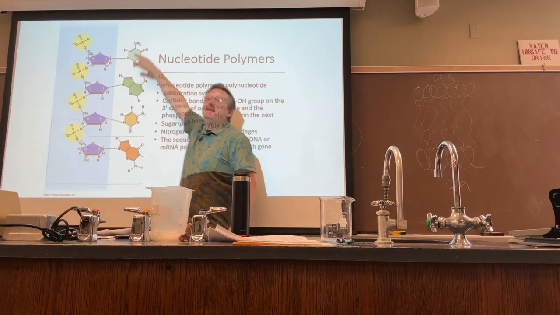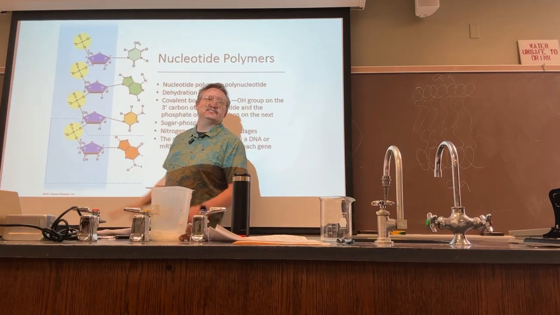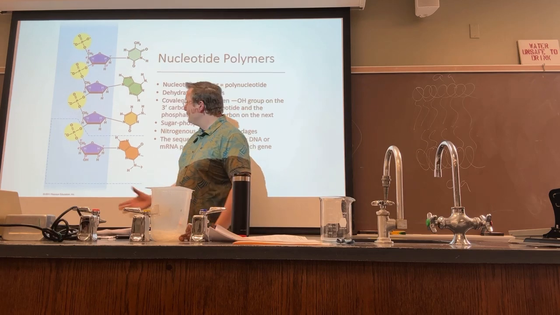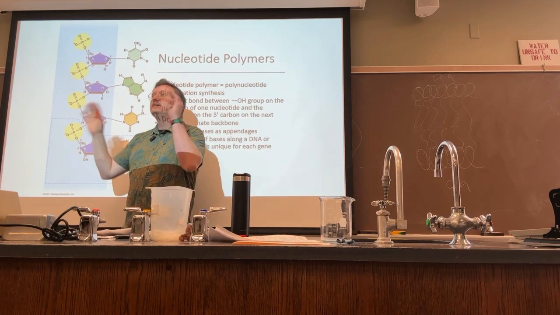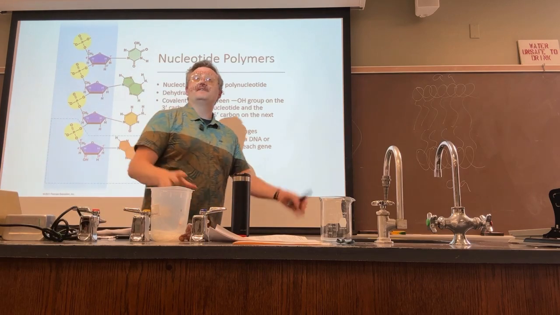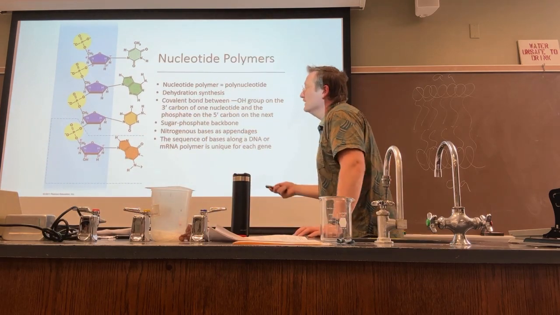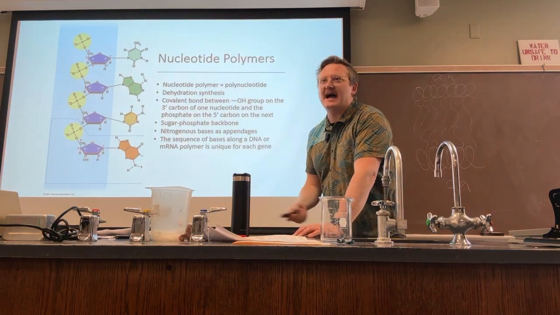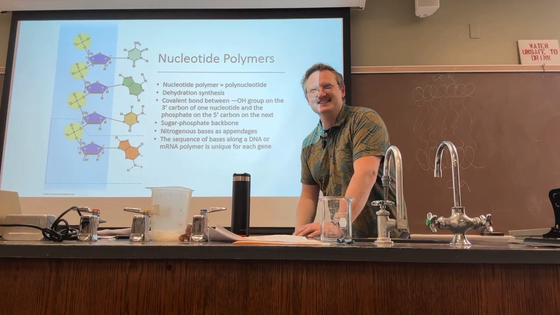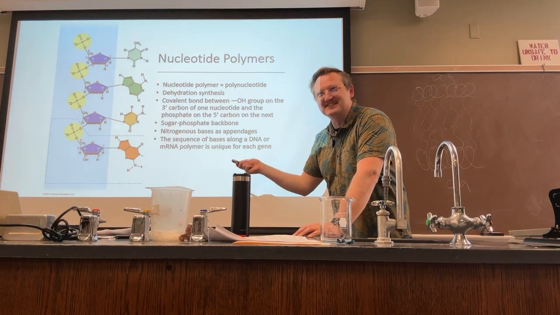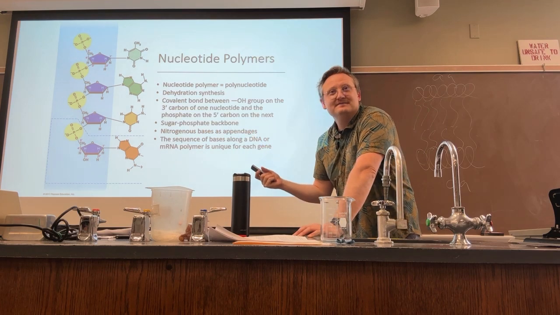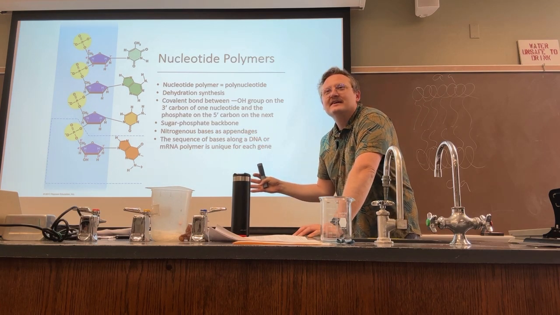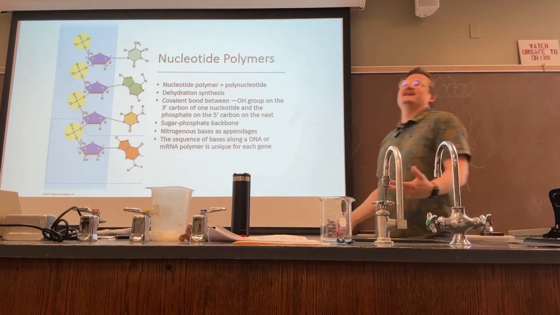That's what gets read, is the sequence of bases. This here is the backbone. It's repeating, just like in the polypeptides. And we call it the sugar phosphate backbone because it's sugar phosphate, sugar phosphate, sugar phosphate, sugar phosphate. Fair enough? Nothing too wild there. Every piece of information is hopefully accessible.